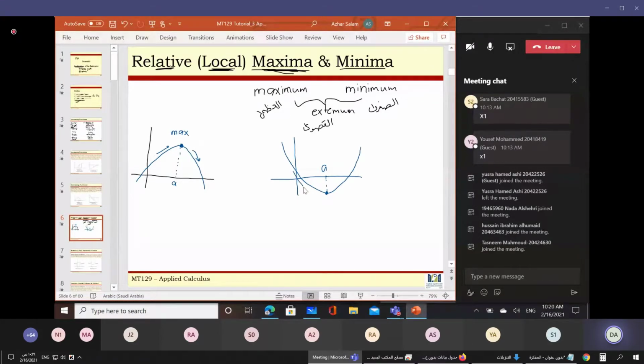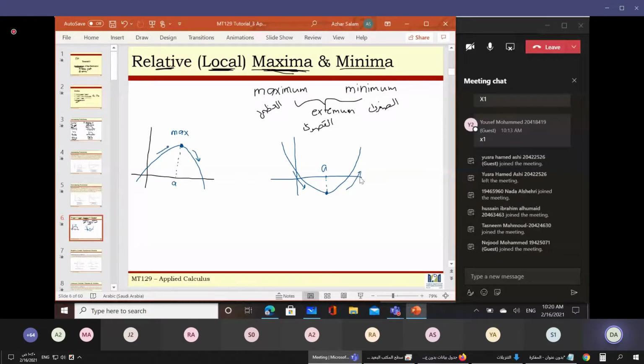It decreases from the beginning until A and starts to increase from A until the end. So at the point A, the function stopped decreasing and started to increase. So I call A a minimum point. This is a minimum. Okay, this is the definition of the maximum point and the minimum point.